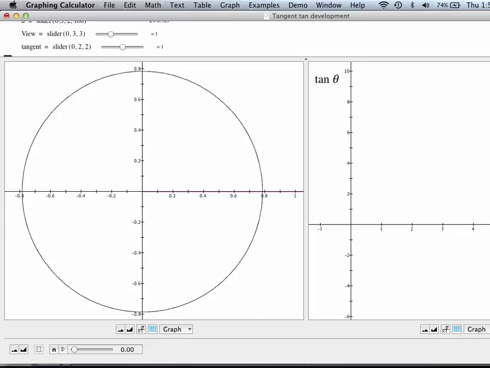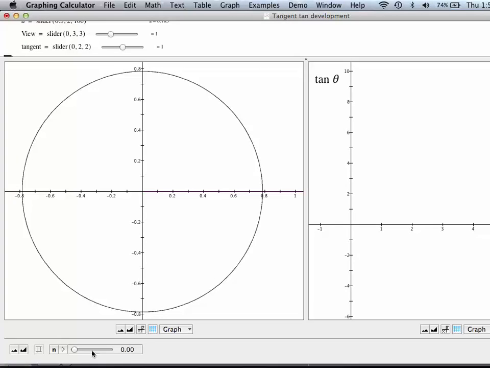From what to what? So what is it here? What's the value of tangent right here at 0? 0.